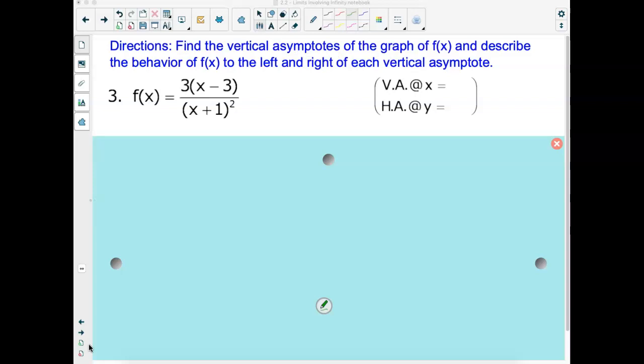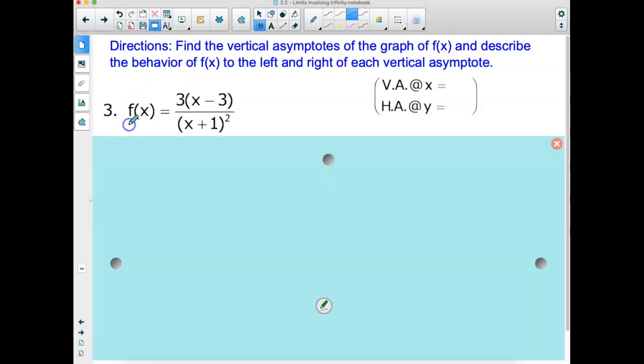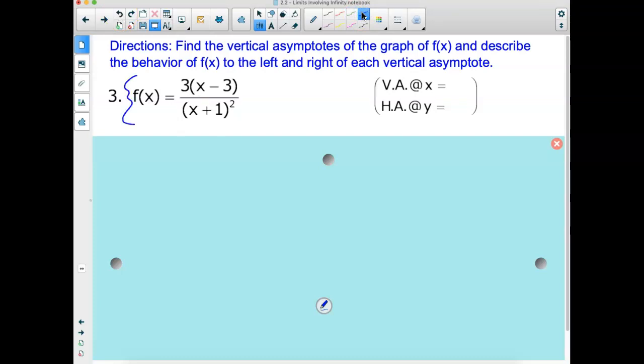You do need to be able to look at a function such as this little guy. We do need to be able to look at a function such as this, and you need to be able to tell me off the cuff that you understand that the domain of this thing is all real numbers x except negative 1.